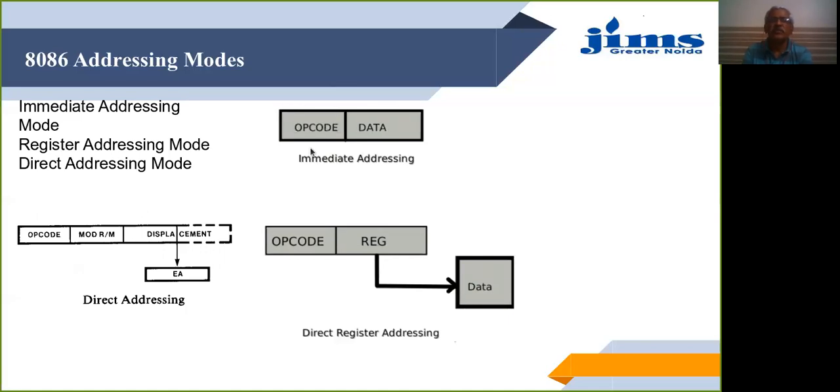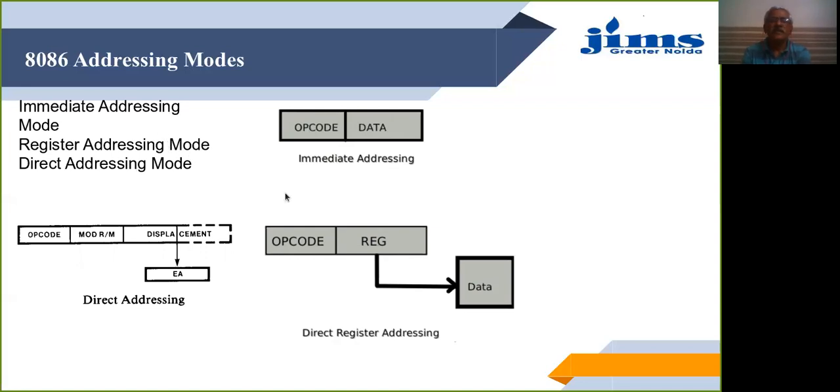One part is the operation code, and in the same instruction it has the data item as well. So we say that the data is part of the instruction. Hence an immediate addressing mode is one in which the data item is given as part of the instruction. Opcode and data together constitute one instruction.